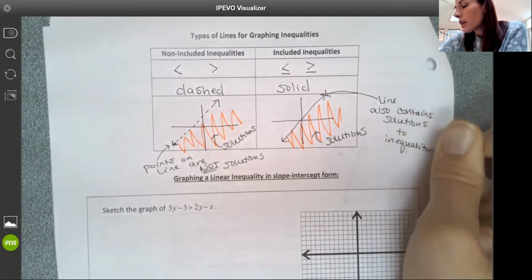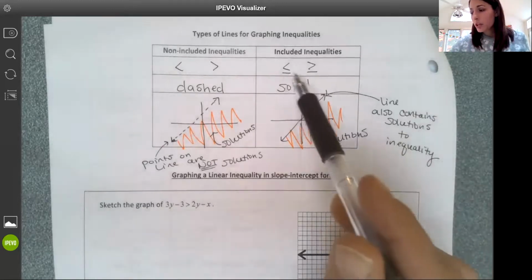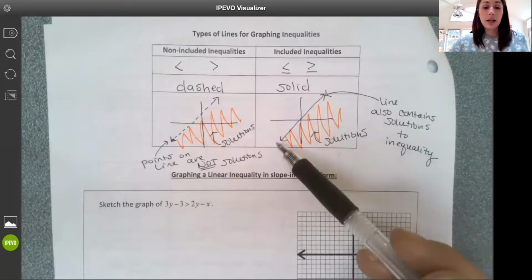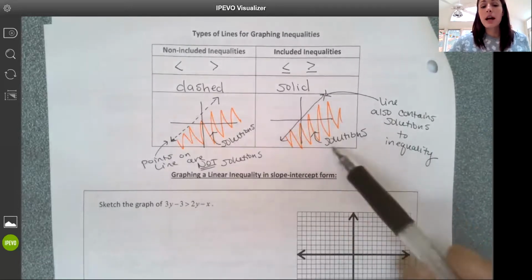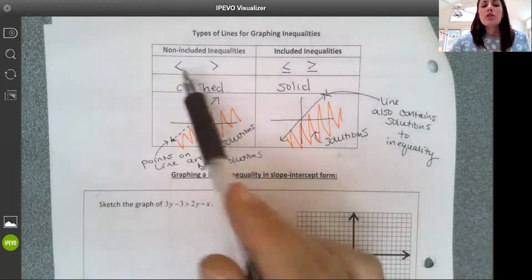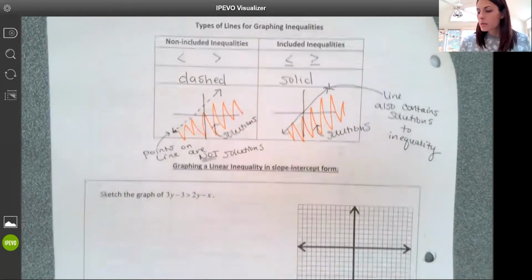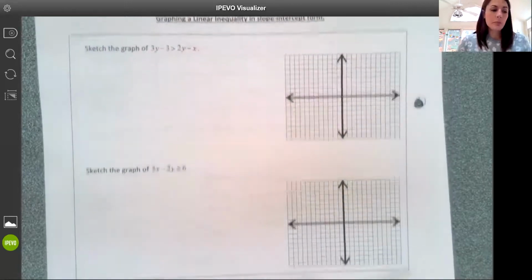And so an inequality is different than an equation in that an equation is only when it equals a certain value. That's why we are limited to just the line. Here, it's equal to that certain value or less than, or equal to that certain value and greater than. So when it includes that equal to, all the points on the line are solutions to that. And then the other half includes the other solutions where it's either less than or greater than that value. When it's just less than or greater than, this is just creating a boundary, but I don't include the points on that line. And I think you'll get some more clarity on the examples that we do, okay?